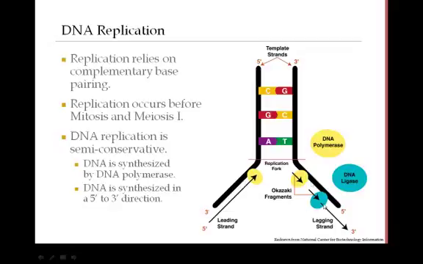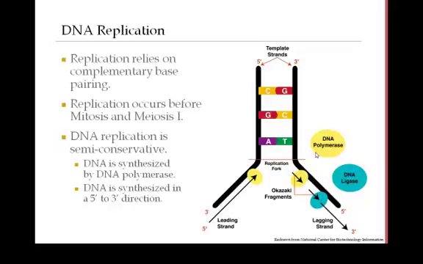On the leading strand, DNA is replicated in long 5' to 3' segments. DNA polymerase can only operate in a certain direction on the template strand, which allows one side of the DNA template to be made continuously, whereas the other side, the lagging strand, is made in short fragments called Okazaki fragments.